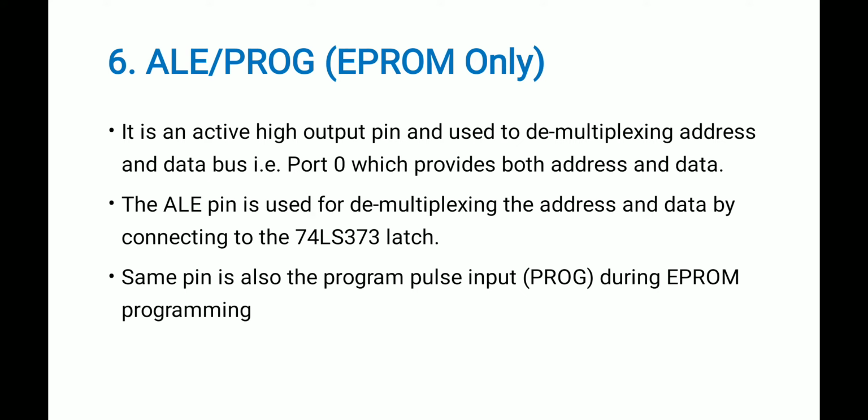The ALE pin is used for demultiplexing the address and data by connecting to a 74LS373 latch. ALE is nothing but address latch enable, and PROG means program. It is for EPROM only. The same pin is also the program pulse input, that is PROG, during EPROM programming.